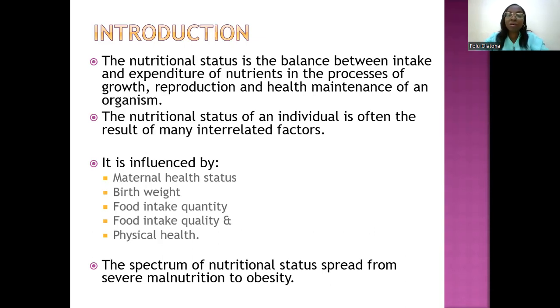Mild and normal usually group together. Mild undernutrition, normal nutritional status, then overweight on the other hand, and obesity. So this is the spectrum, and at every point in time, somebody will fall into one of these states.